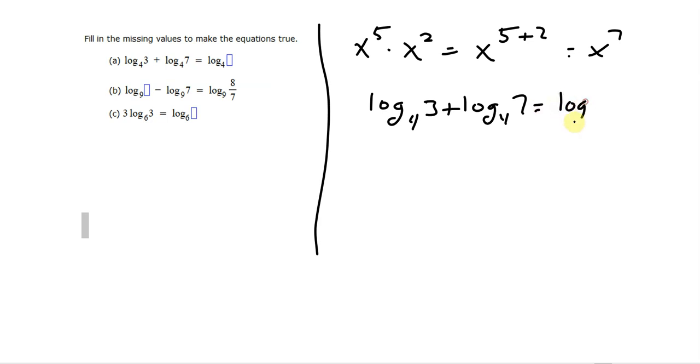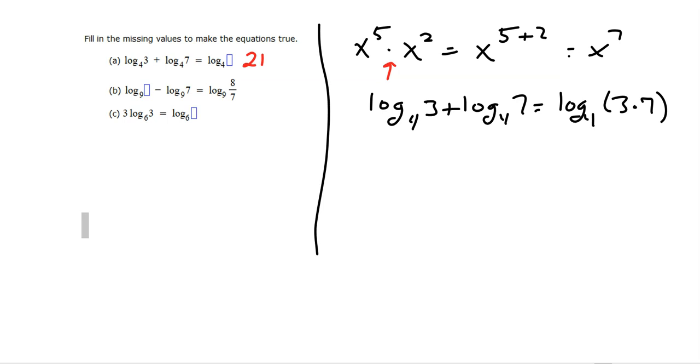So this would be log base 4 of 3 times 7. Notice what we're doing: we're adding the exponents, which is something that we're multiplying together when we think about the bases. So you can simplify this, and that would be log base 4 of 21.